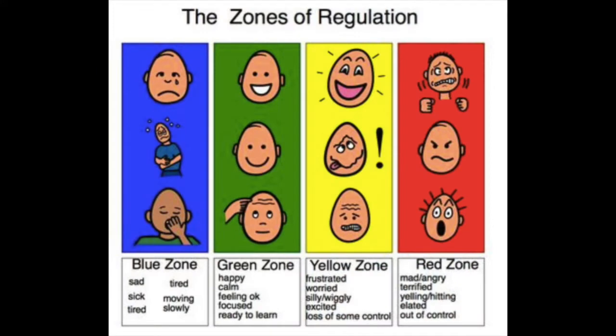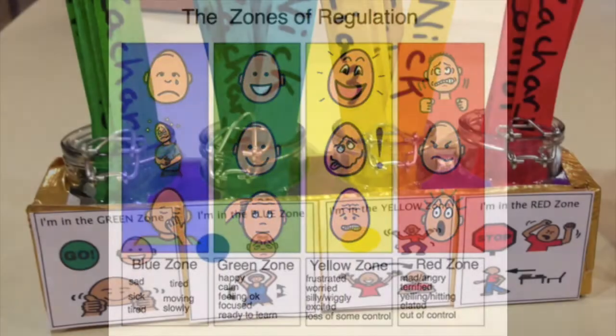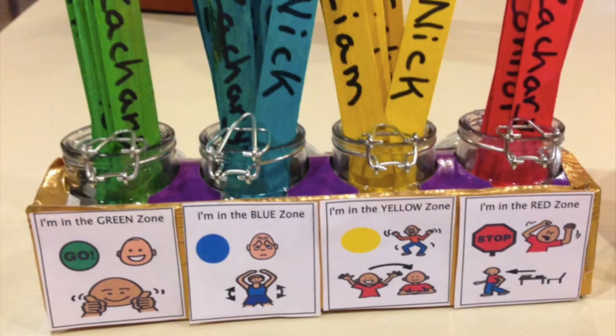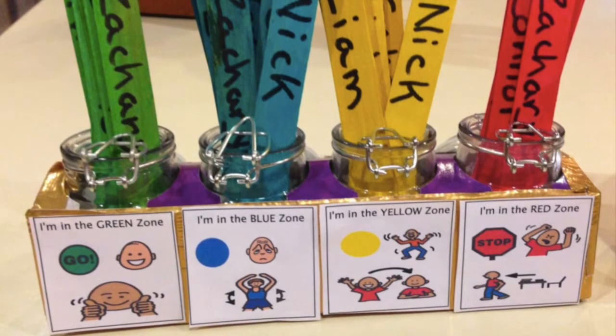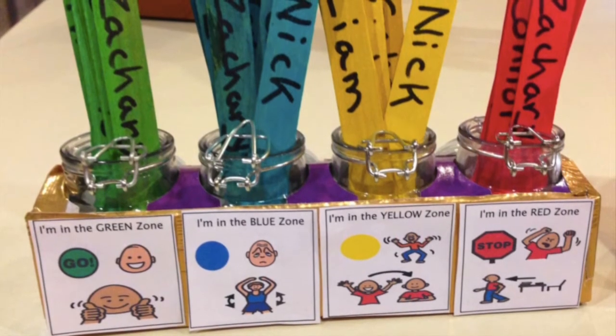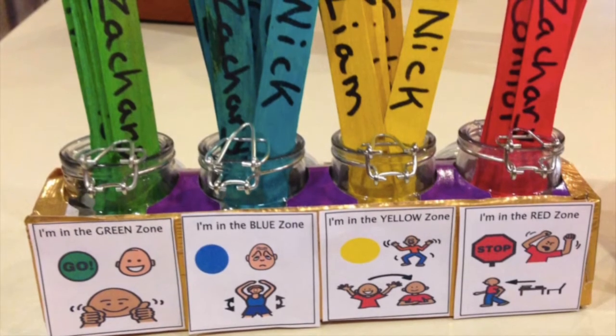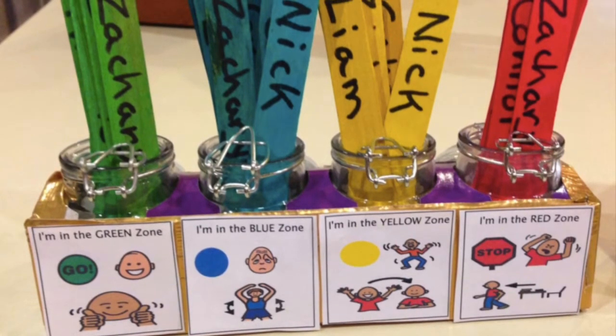Zones of regulation are ways for the kids to tell us where their state of mind, body, and emotions are. One of the things she showed us was maybe even doing attendance this way, where the kids come in and place their stick in the zone that they're in when they come in the morning, maybe after recess, after lunch.